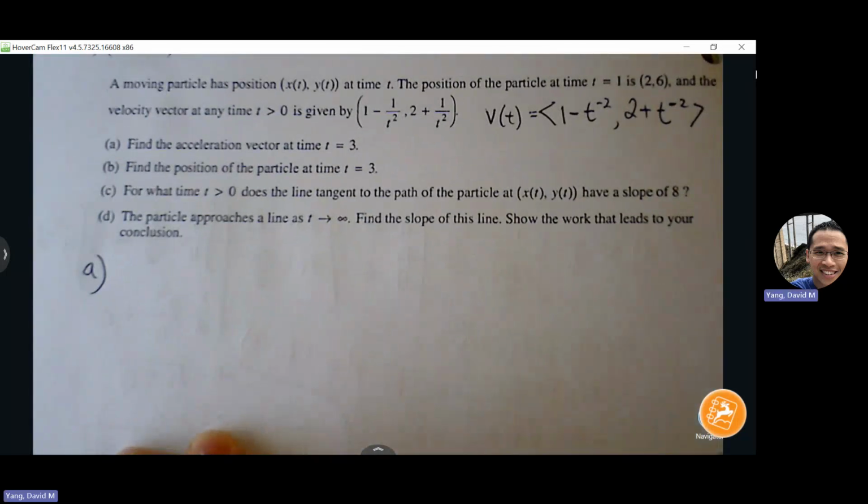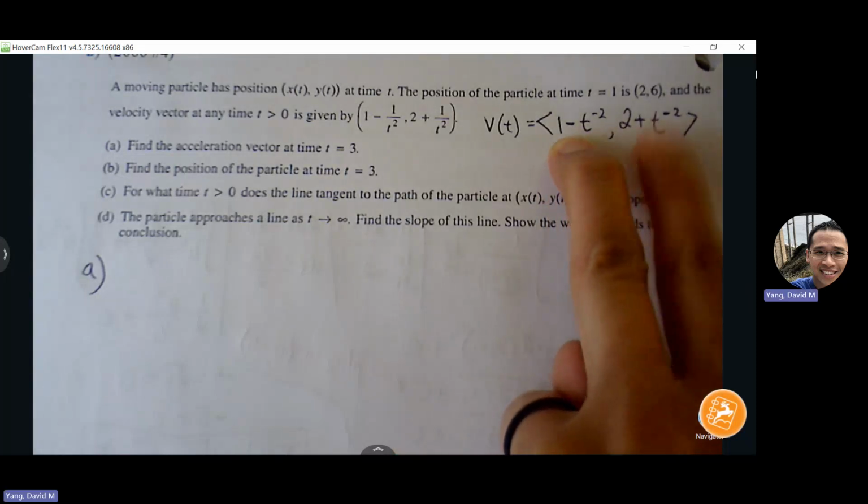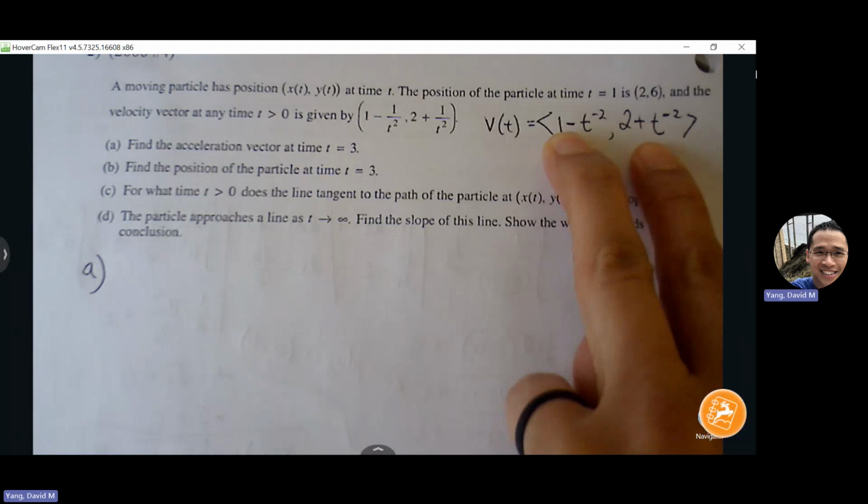Find the acceleration vector. So we can just take the what? Derivative of both the horizontal and the vertical component, right?